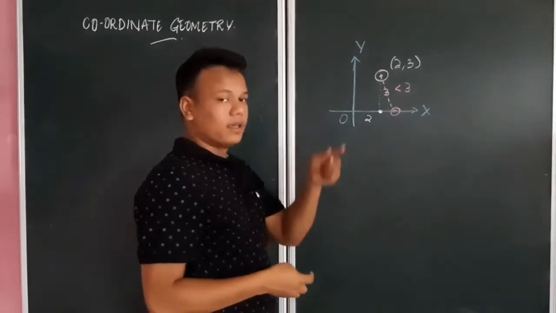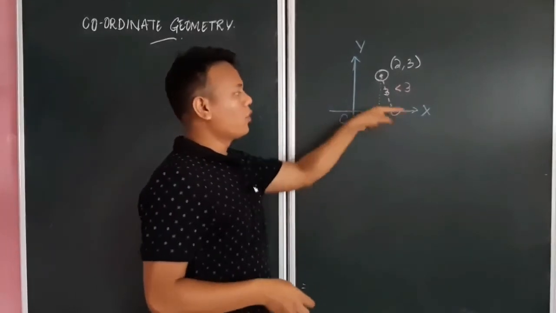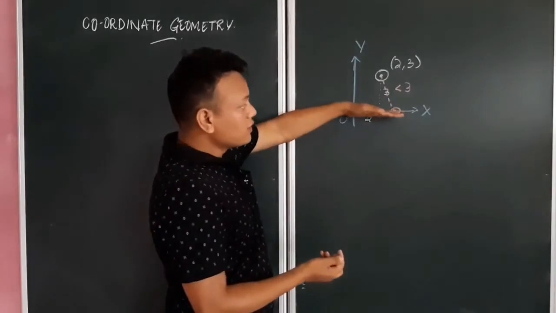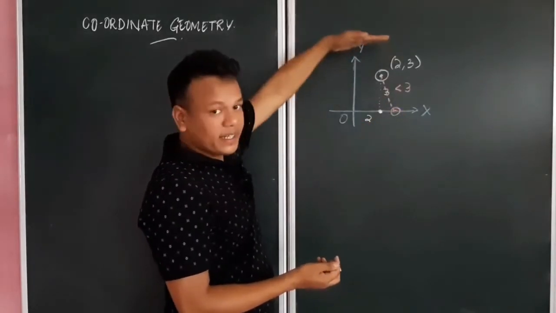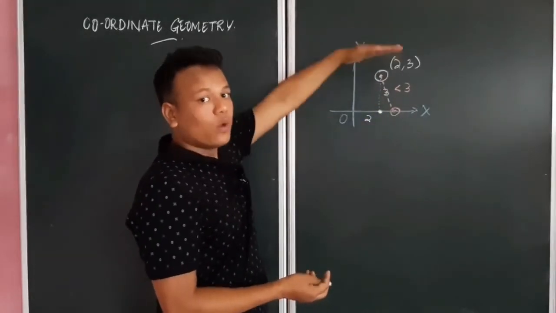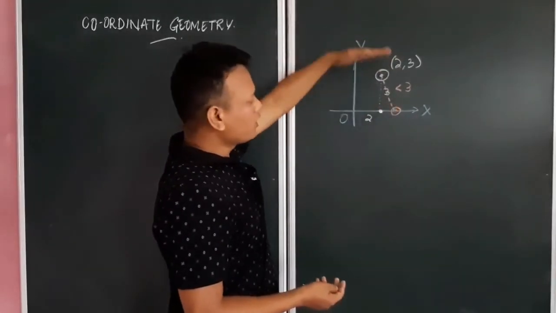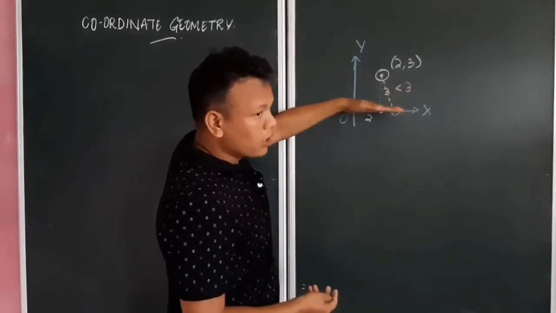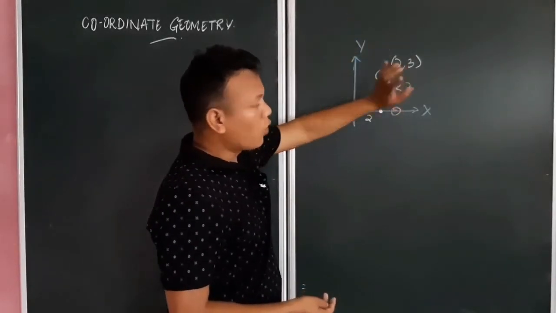And we know that any point in the x-axis, since it is not moving towards the y direction, we move vertically in the y direction, but we are not moving vertically, we are just moving horizontally. So that's why the distance along y, or I can say the ordinate, right?